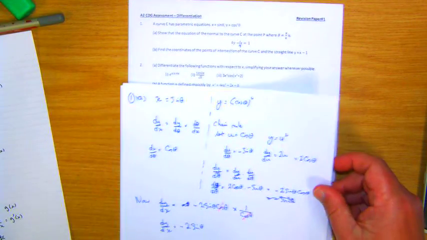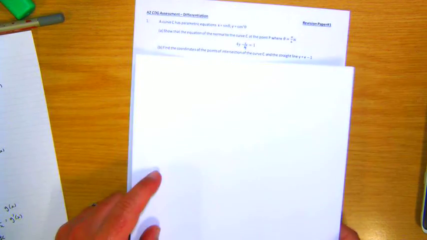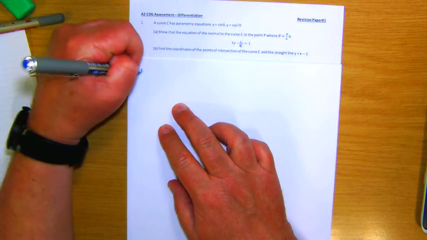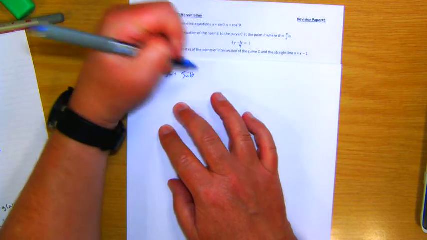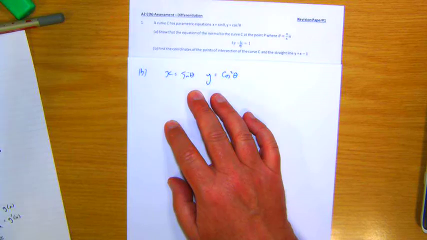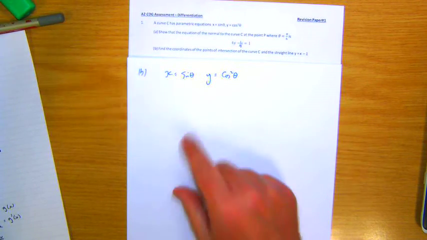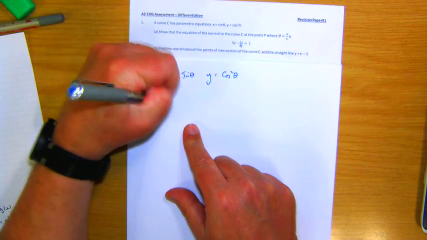So that's part A. Part B, find the coordinates of the points of intersection of the curve and the straight line y equals x minus 1. So I've got my curve x equals sine theta, y equals cos squared theta. And I want to find out where the curve crosses with the line y equals x minus 1.